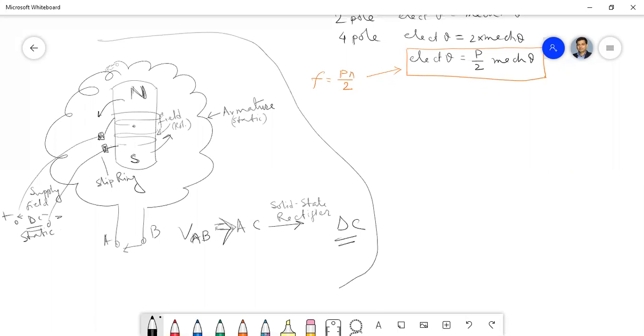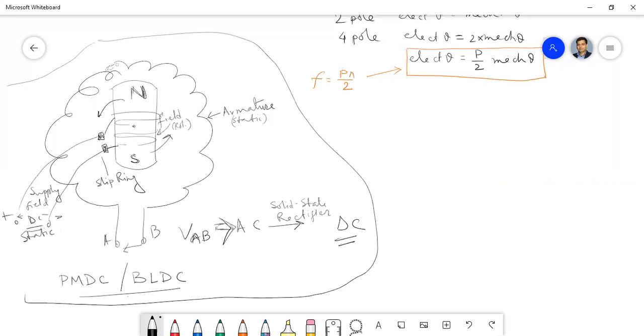Exactly this type of DC machine is not there in the market, but still I am discussing it. A variation of this will be available in the market in the form of PMDC or brushless DC motor, BLDC.